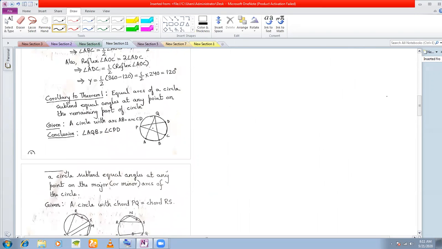A corollary to this theorem is that if you have two equal arcs, say an arc AB and another arc CD, such that their lengths are equal. The length of this arc CD is equal to the length of this arc.